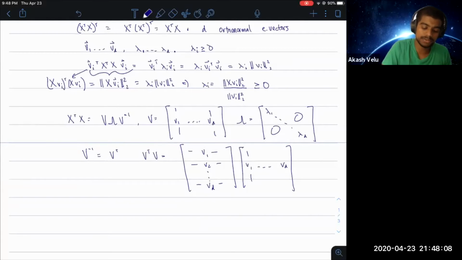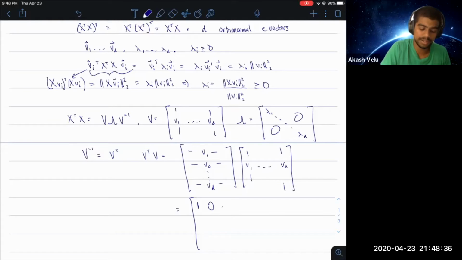If you actually do this out, then the diagonal entries of the resulting matrix are going to be the dot products between the same vectors. So the first diagonal will be V1 transpose V1, and because they're orthonormal vectors, this is going to be 1. But the off diagonals are going to be V1 transpose another vector, and because they're orthonormal, that has to be 0.